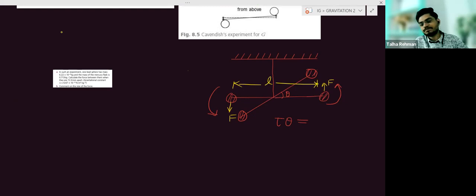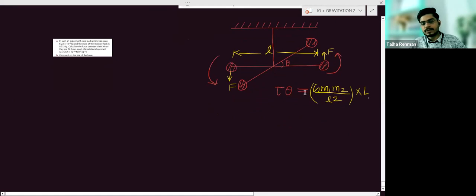It will become G m1 m2 divided by L square, multiplied by, this is the gravitational force, into the length of the rod L. So force into length. With the help of this, you can get the value of G.